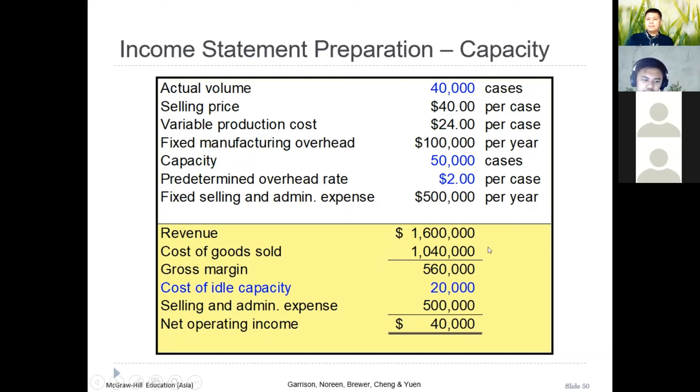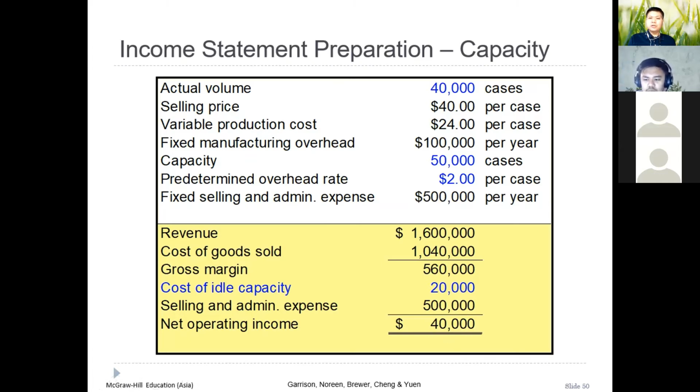And then you will get 1,040,000. That's sino yun? Si Maria Carmela. Thank you. Nakuha niyo ba yung sinasabi ni Carmela? So, meron kang variable production cost na 24 plus yung predetermined overhead rate na 2. So, that's 26. Now, multiplied by the volume of 40,000. So you have the 1,040,000. The net operating income here is 40,000.